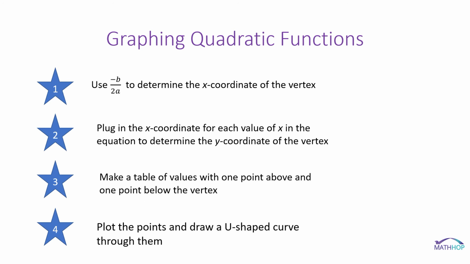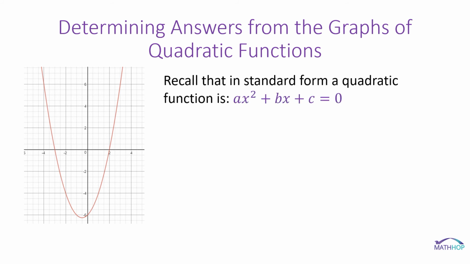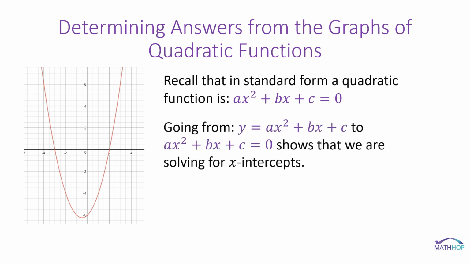Now, the graphs of quadratics are actually helpful. If you are given the graph of a quadratic, you can determine the answers from that. Remember that the standard form of a quadratic function is ax squared plus bx plus c equals 0. So that equals 0 tells us something very specific. It tells us that we are solving for x-intercepts.